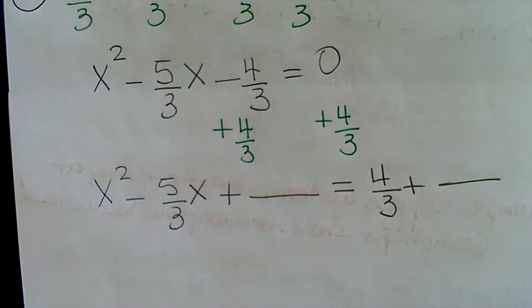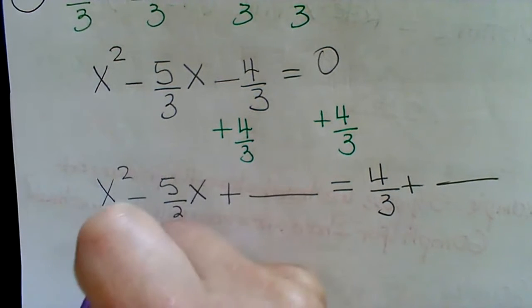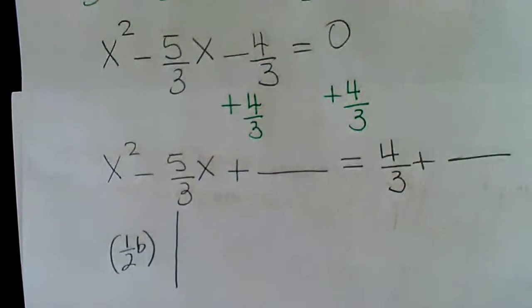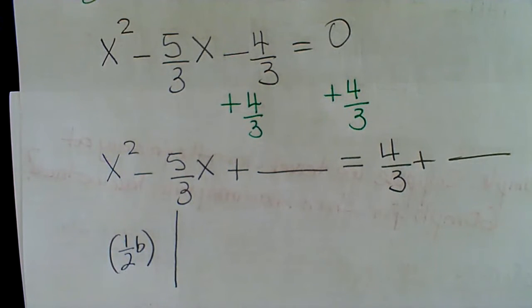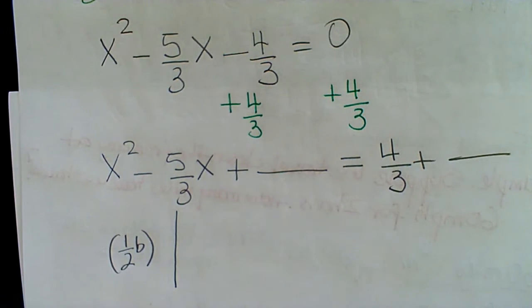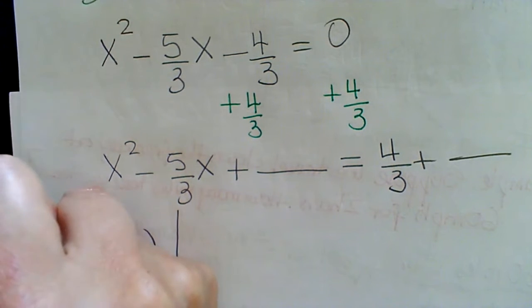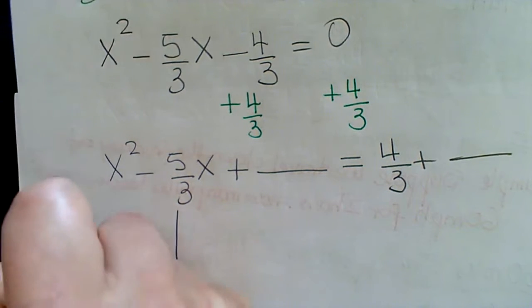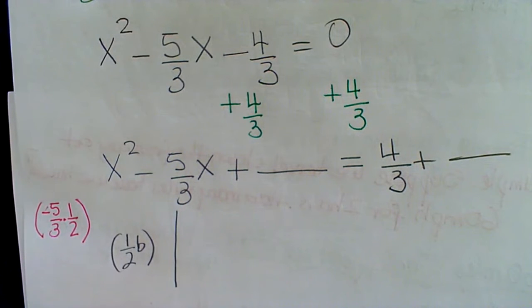Now, I need to find 1/2 of b. How do I find that? Okay, I just need to multiply this one. So it's going to be what? Negative 5 over 3 times 1/2. And what is this one equal to?